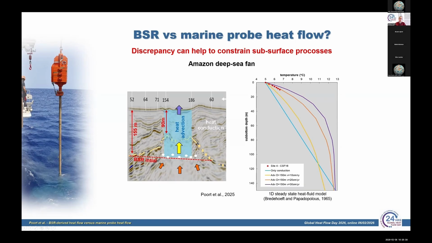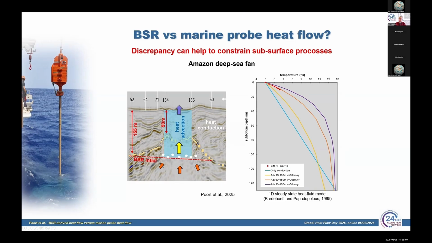If we use these increased heat flow values and also a little bit the nonlinearity of the profile in a very simple 1D steady-state heat fluid model, this gives a very nice constraint that the depth of the source of these fluids should be 150 meters, which more or less corresponds to the depth of the normal BSR.